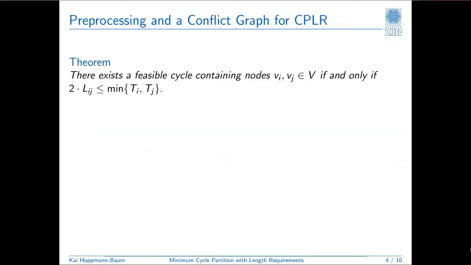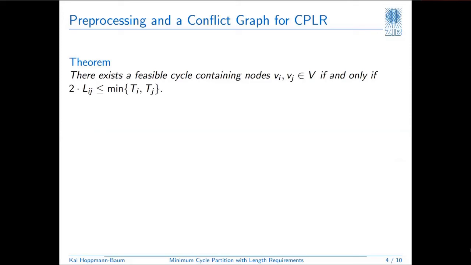Well, now we want to talk a little bit about preprocessing. And so the first thing that becomes obvious is the following theorem: there exists a feasible cycle that contains two nodes, Vi and Vj, if and only if the length of the arc that connects these two nodes is smaller than or equal to the minimum critical weight of these two vertices. The proof is easy to see.